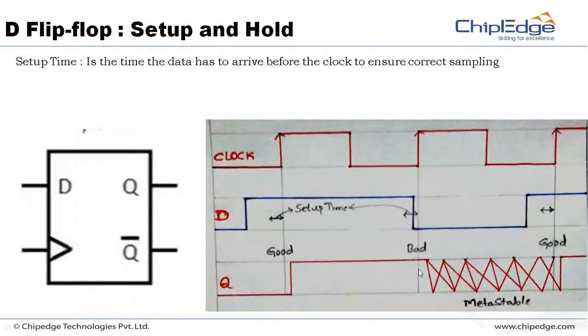Now my D flip-flop goes to a state called the metastable state. Metastable state means you don't know what the output will be. It can be 1 or 0. So you need to take care that none of the D flip-flops enter a metastable state. If it enters a metastable state, your chip will operate wrongly, so malfunctioning of the chip will happen.